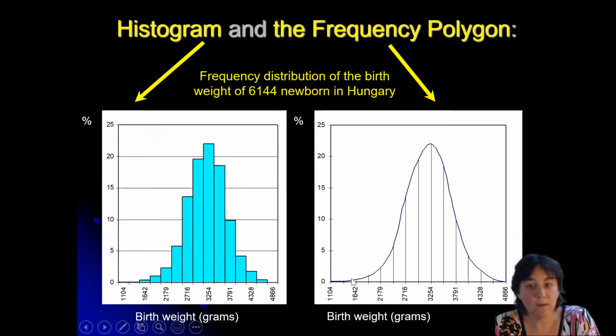Whereas on the polygon, by simply connecting the top middle points, you have a nice continuous feeling of the data. But these two data sets based on the distribution of birth weight for newborns, quite a lot of them in Hungary, are exactly the same. It's just a matter of taste how you want to present that.